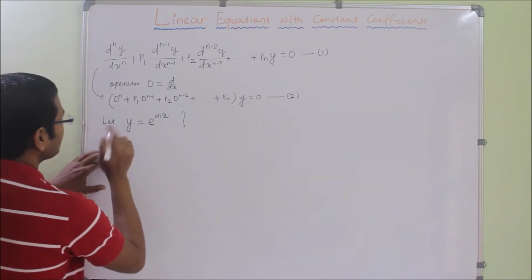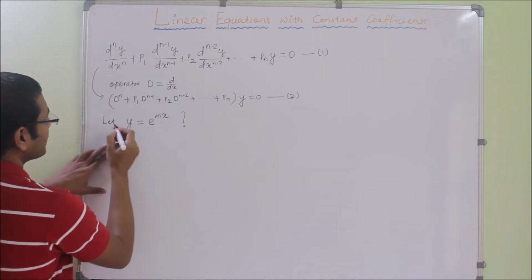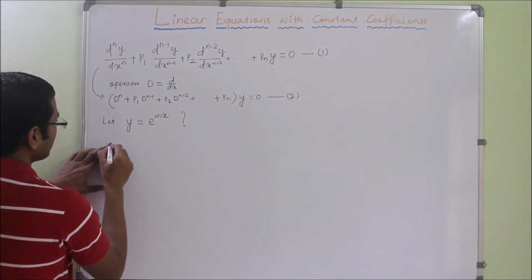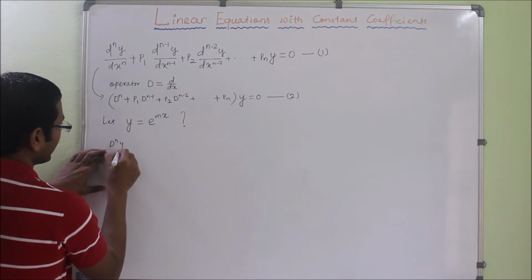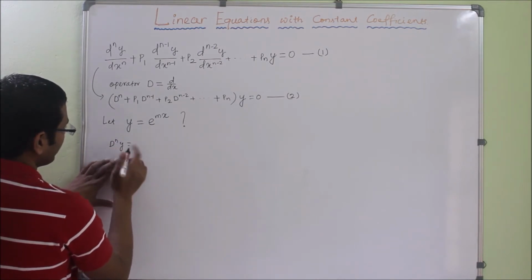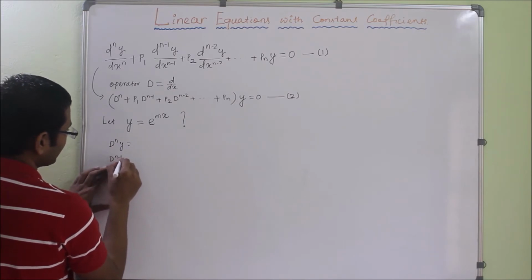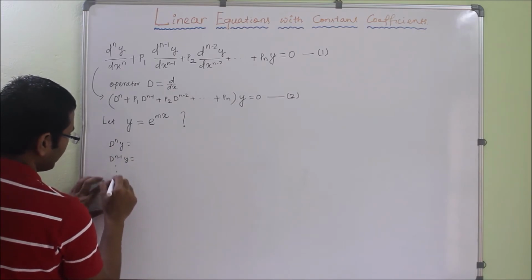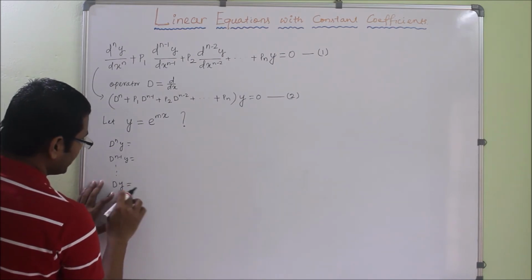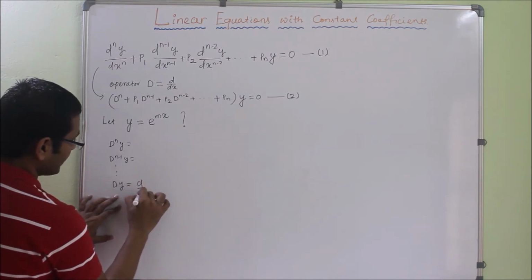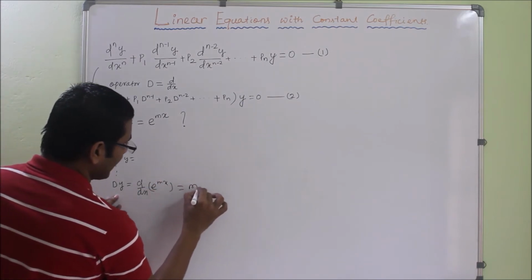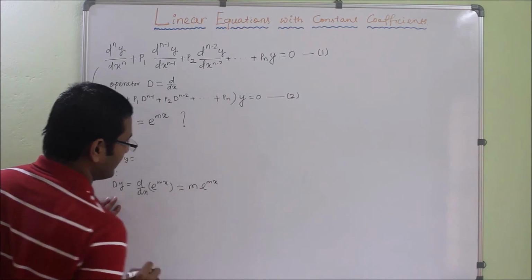So if we take this, let's see what equation 2 will be. First we take D^n y, D^(n-1) y, and similarly on, and the last one is Dy. What will be Dy? The derivative d by dx of e to the power mx will be m e to the power mx.